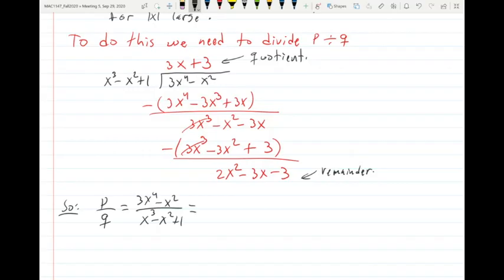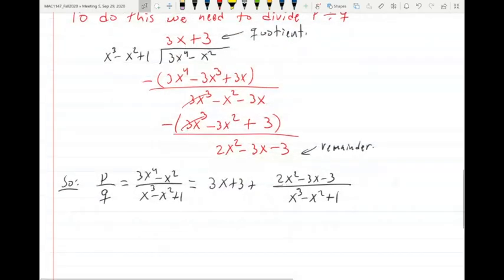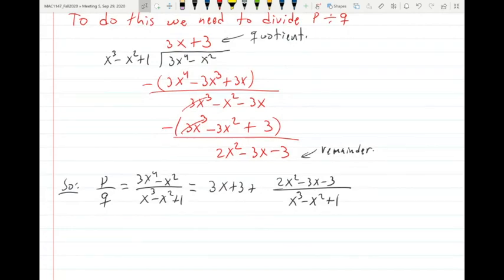What is this equal to? This is always equal to quotient plus remainder over divisor, right? That's what we know when we do this, right?